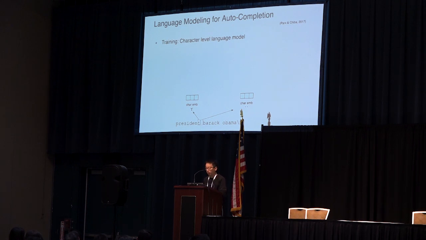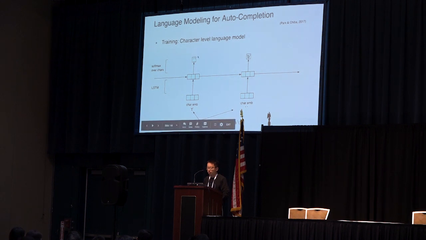For each input character, you can have an embedding. Then the embeddings are fed into an LSTM. On top of that LSTM, there is a softmax over all the character vocabulary. Let's say there are 30 characters in total, then this is a 30-way classification.